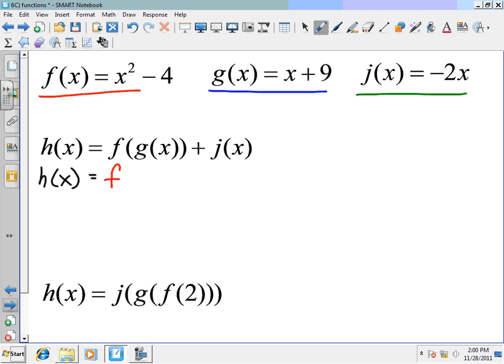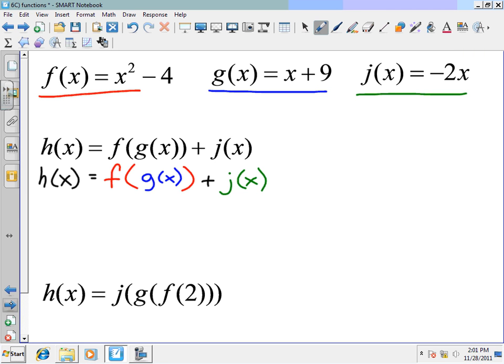Now I'm just going to write this in different colors so we can see what we're talking about. And then j of x, which is this, and then the g of x goes inside here. So that's what I'm seeing. g of x being plugged into f of x, and then we're later adding on the green part, okay, which is j of x. So let's go ahead and figure this out.